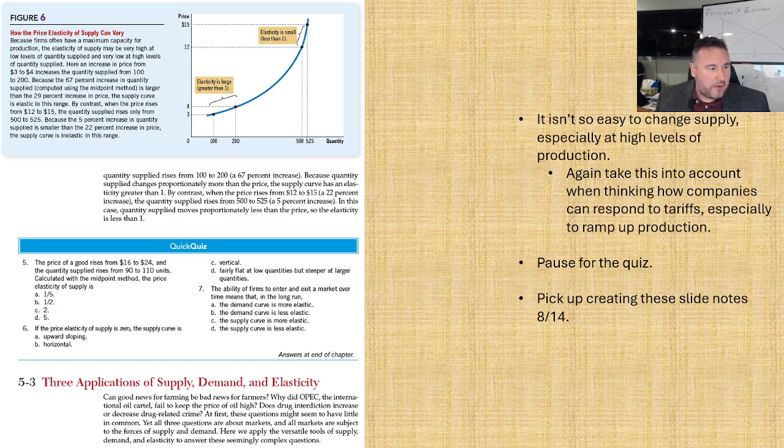So for 5, after you paused it and thought about it yourself, the price of a good rises from 16 to 24, and the quantity supplied rises from 90 to 110. Calculate, using the midpoint method, the price elasticity of supply.